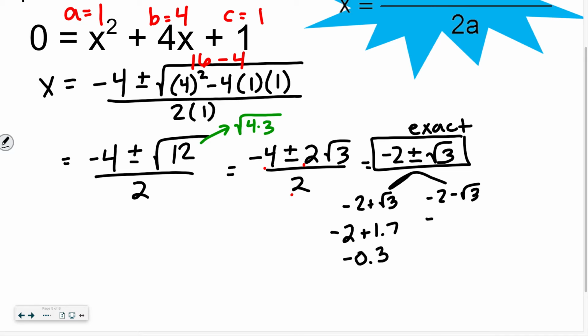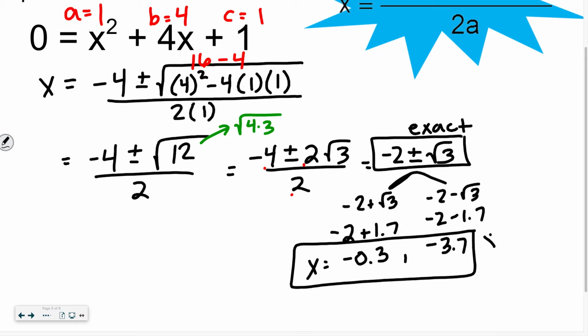And then negative 2 minus 1.7 would be negative 3.7. So if I were to graph these as x-intercepts, both of my x-intercepts would actually be negative in this case. But that's okay. I'm really looking for the answer above in the first box, negative 2 plus or minus the square root of 3.